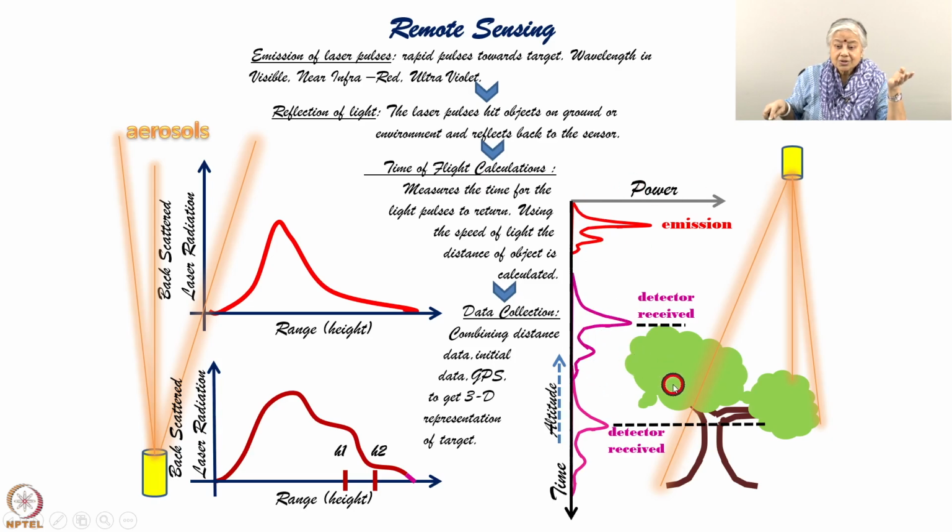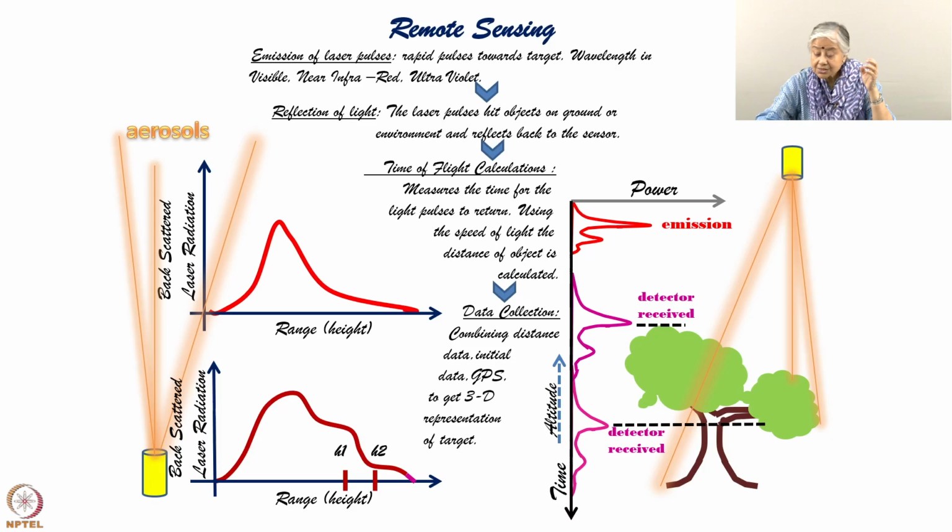So you get, this was on the ground, this was this part of the thing, and you can get one more pulse which is from the ground. So the ground is the maximum distance, this is the next one, and this is the next one. So you can get 3 or 4 pulses like that, and you measure the time and you know the distance.